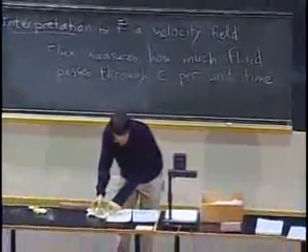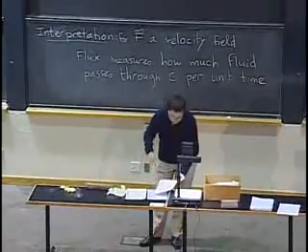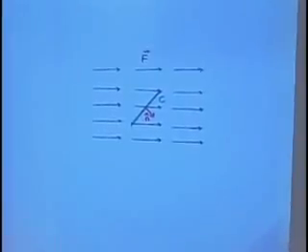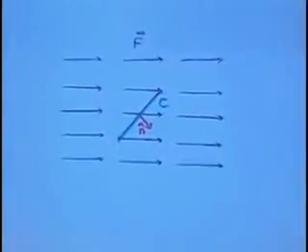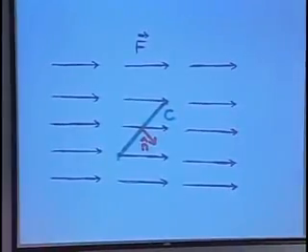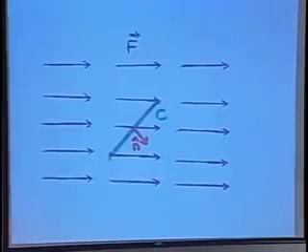Let's look at what happens on a small portion of our curve C. So I'm zooming in on my curve C. Okay, that's a little piece of my curve of length delta S, and there's a fluid flow.